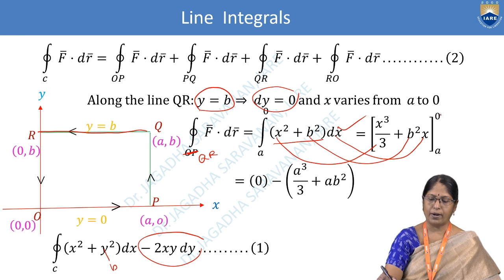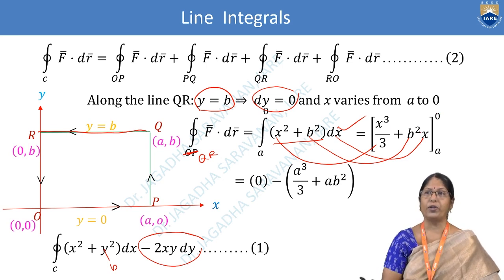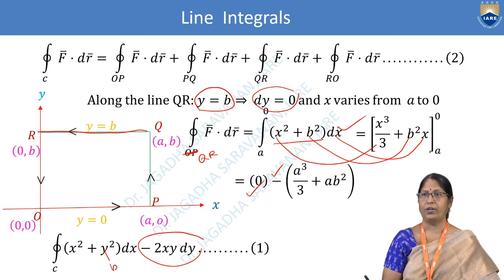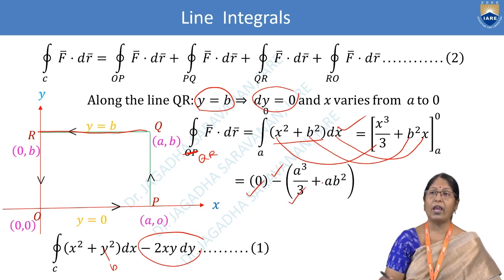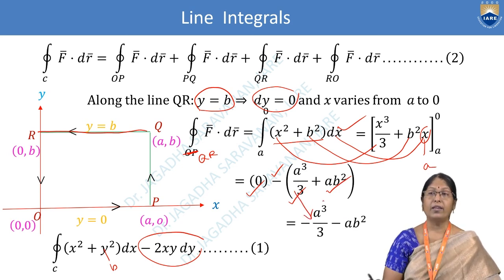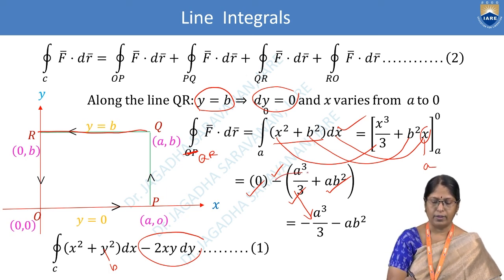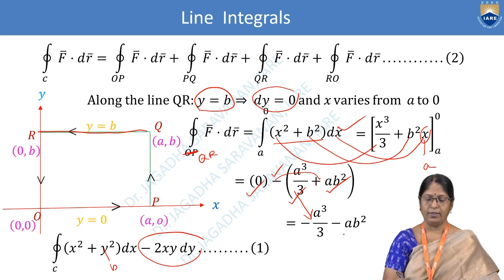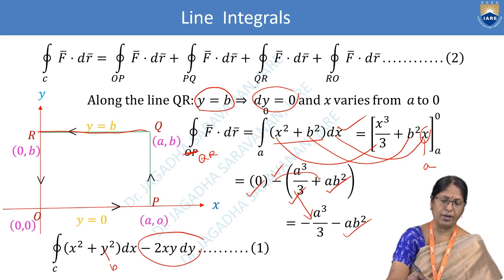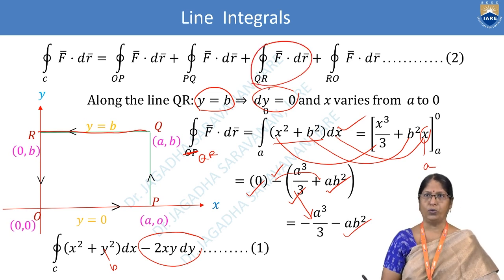Now the upper limit, in place of x we substitute, so it has become 0, minus the formula. In place of x we substitute a, so it is a cubed by 3 plus a b square. So here minus a cubed by 3, and taking the minus inside, it is minus a b square. So now we evaluated the third integral also.